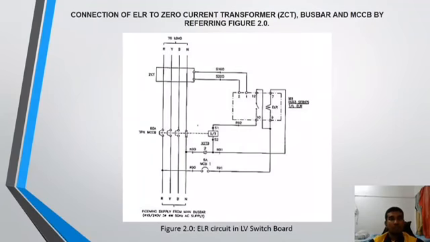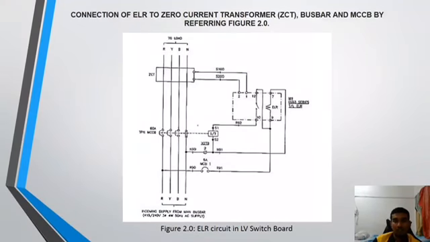Then, the connection of earth leakage relay to zero current transformer known as ZCT, bus bar, and MCCB, by referring to Figure 2. The ZCT and MCCB are connected in the low voltage switchboard before connecting to the output load. Then the ZCT is connected with the earth leakage relay at output pin 1 and 2.